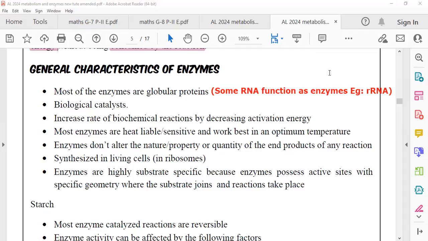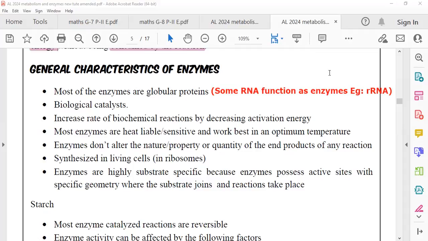Have you completed? Yes, sir. Right. Second thing, they are biological catalysts. That means they reduce the activation energy, correct? They are not used up during biochemical reactions.